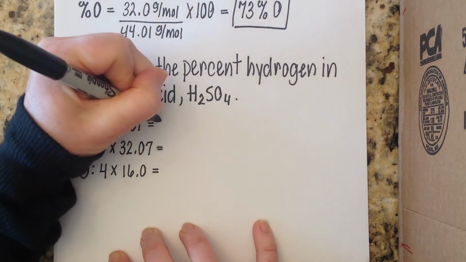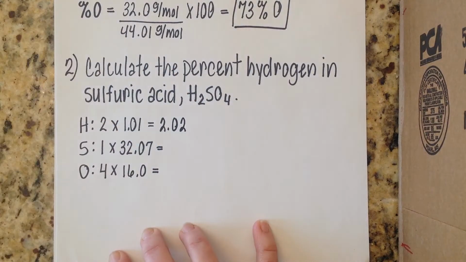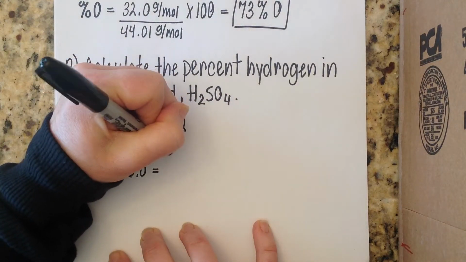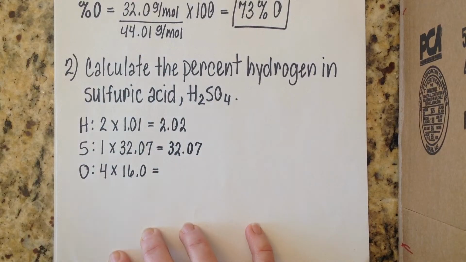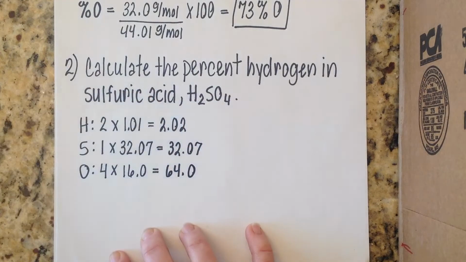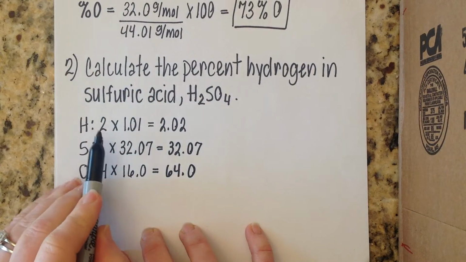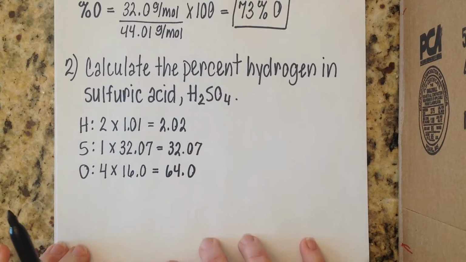So this is going to be 2.02 for the hydrogen, 32.07 for the sulfur, and 64.0 for the oxygen. And again, I just multiplied. 2 times 1.01 is 2.02, and so on and so forth.